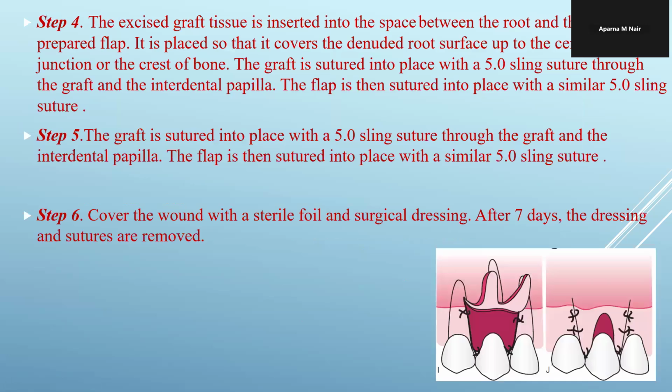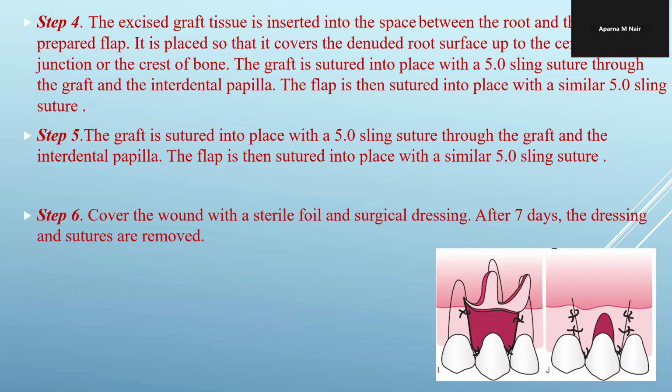Step 4 is to insert the excised graft tissue into the space between the root and the previously prepared flap. It is placed so that it covers the denuded root surface up to the cemento-enamel junction or the crest of the bone. The graft is sutured into place with a 5-0 sling suture through the graft and the interdental papilla.